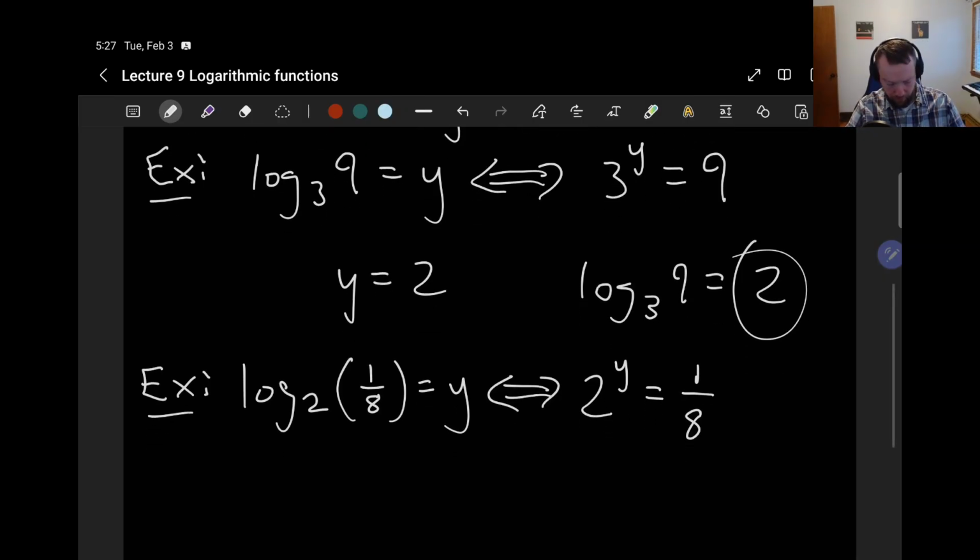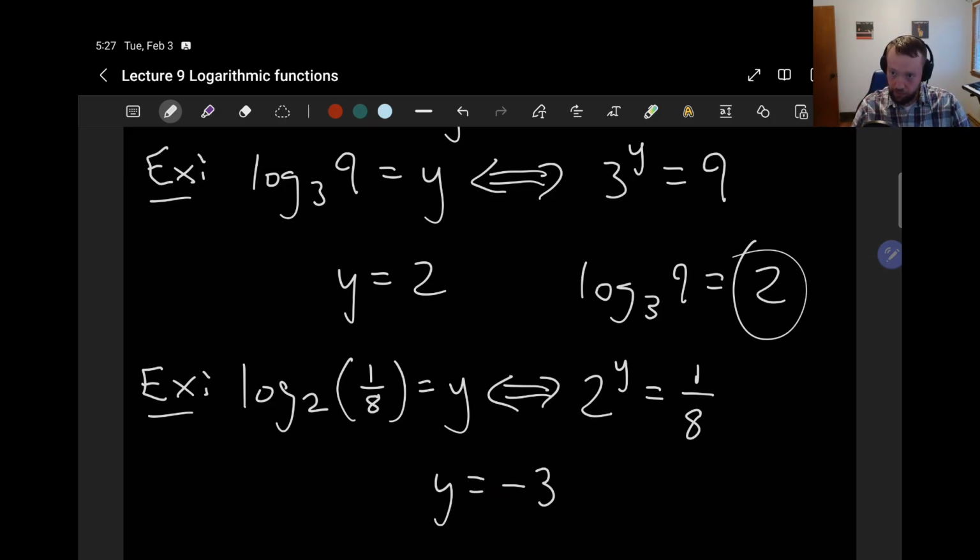All right, anyway, we need to solve for y. Well, 2 and 8 certainly have a special relationship because 2 cubed is 8. But here we have a fraction, 1/8. 8 is in the denominator. So from an exponent standpoint, what that means is that this is a negative exponent. y equals -3.